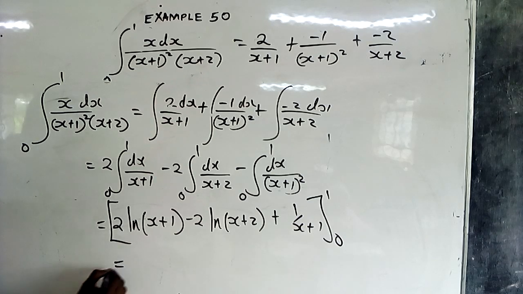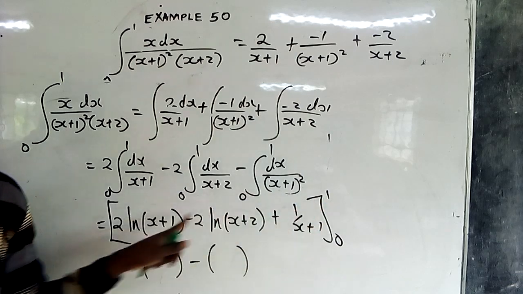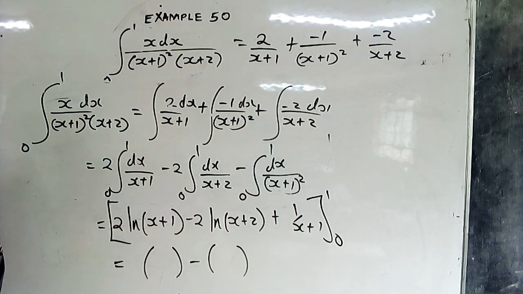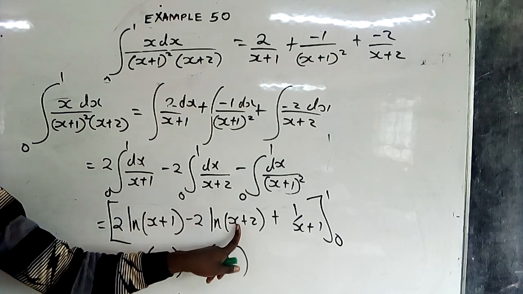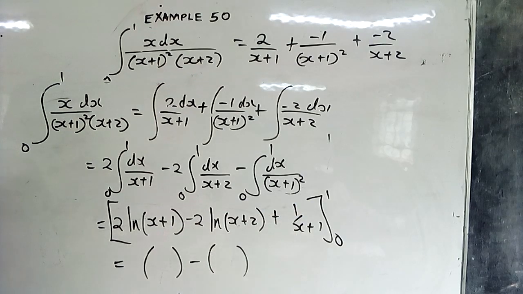What do we get? Upper limit minus lower limit. When x is 1, where there is x, you put 1, isn't it? Yeah. So this means it is 2 ln of 2 minus 2 ln of 3 plus 1 over 2. What do you get in the calculator when x is 1? You just say x is answer.